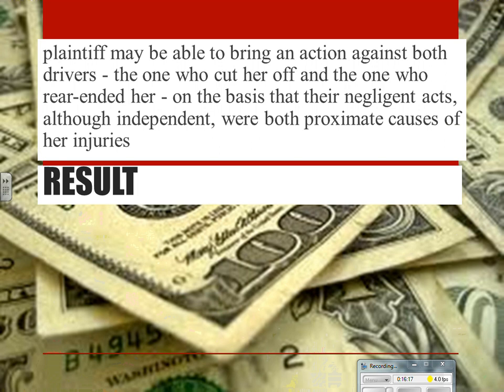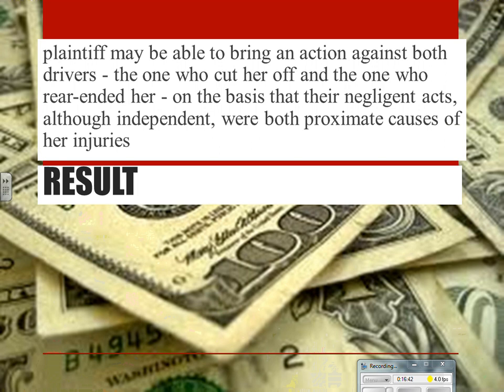Now, the guy who cut her off in our example, he didn't actually ever touch her car. He never caused damage to her car, but he could potentially still be held negligent, held responsible, because his actions led her to slam on her brakes, and then led the other guy to hit her car from behind.